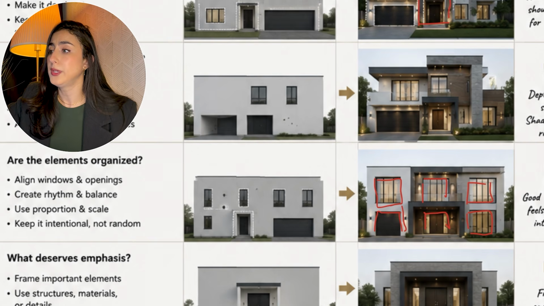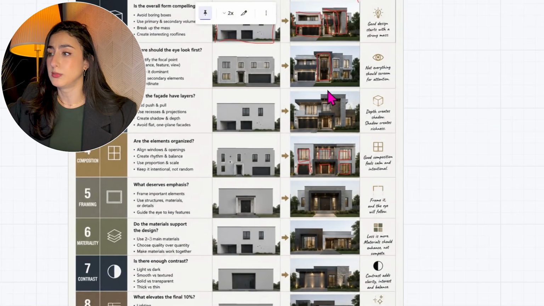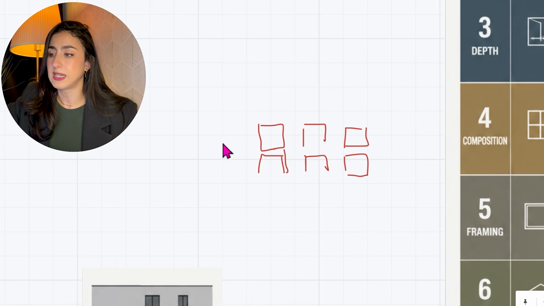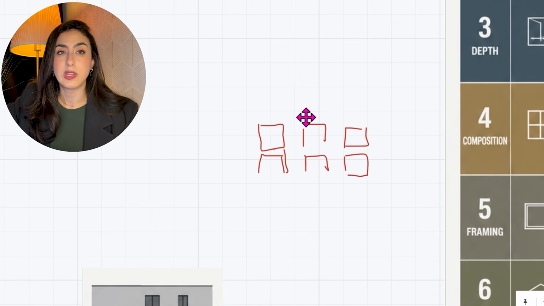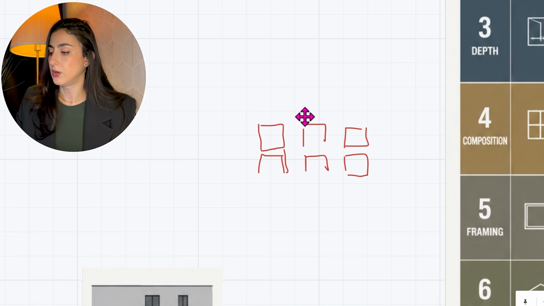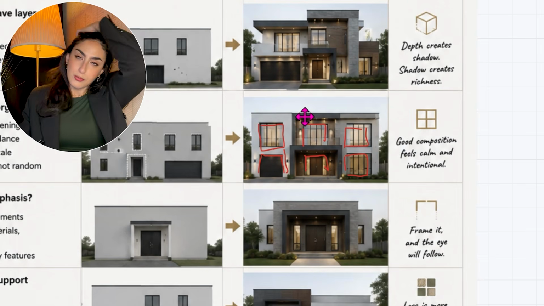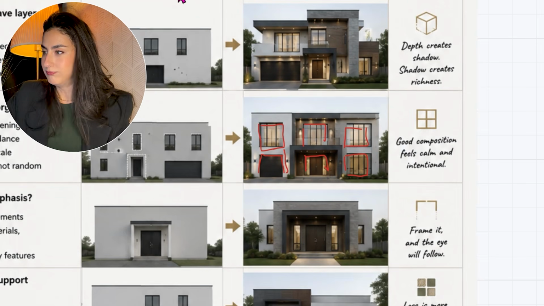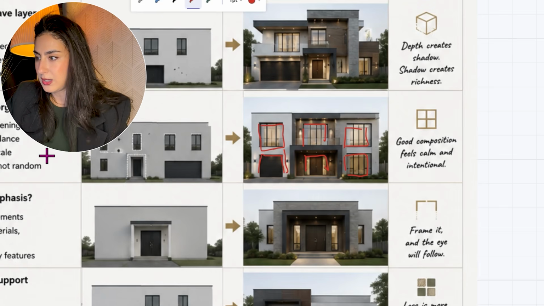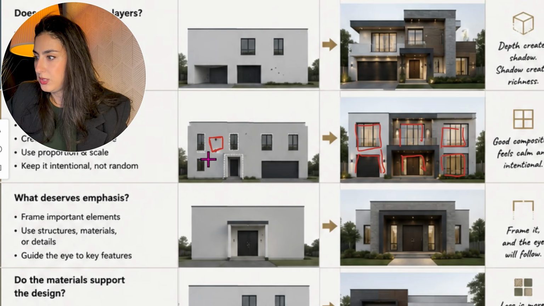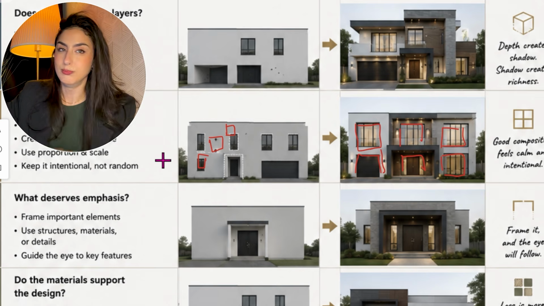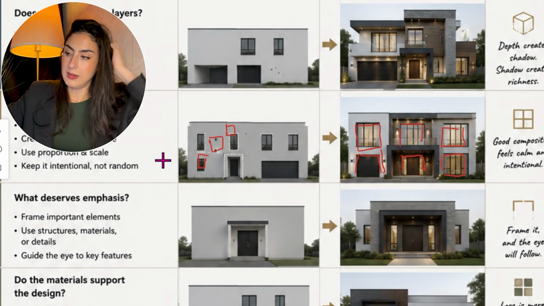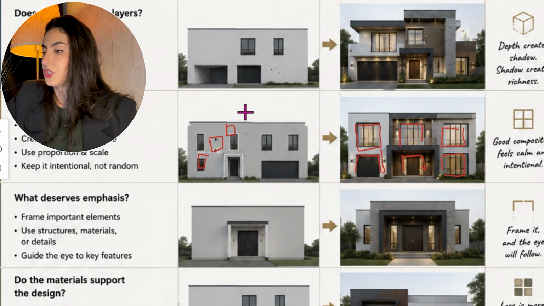Grab your board, or whatever you're working with, and move it to the side. If you end up with something that looks like this, then most likely you have things that are all aligned, so that's good. But if you have a window here and a window there and then a window here, all over the board, then you don't have a good composition.